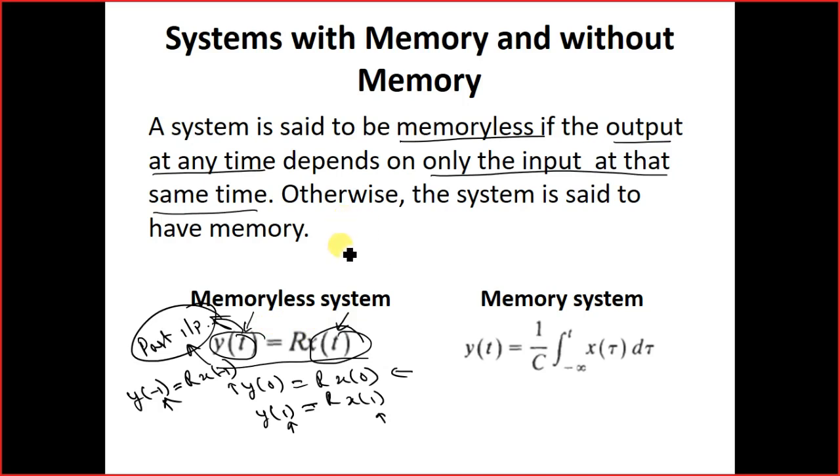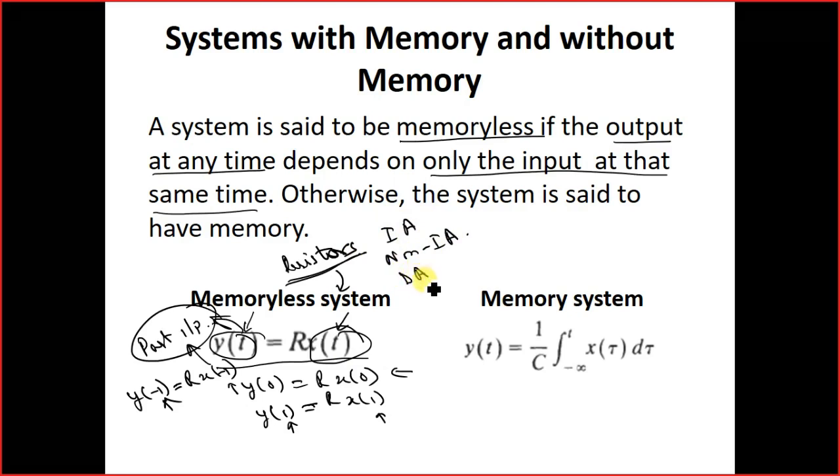One of the classical examples of the memoryless system is any circuit which is made with resistors. If you see any inverting amplifier, non-inverting amplifier, then differential amplifier, you give the present input, you get the output at the present instance only.